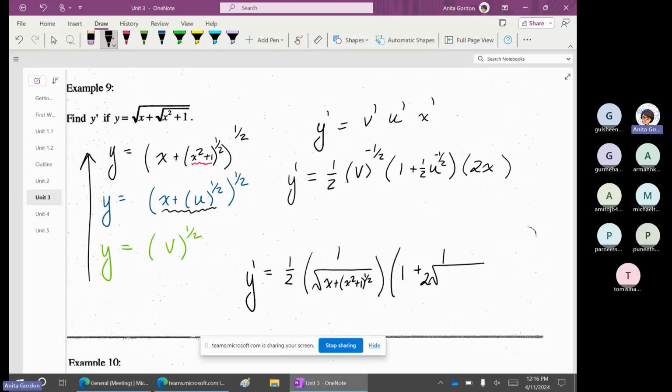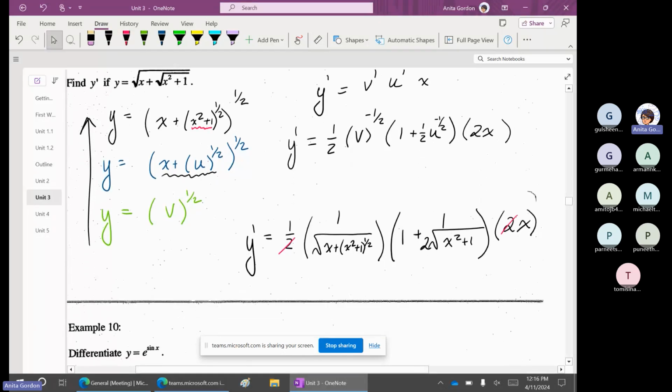What is u? x squared plus 1 times 2x. Where can I simplify? I see a 2 in the numerator, 2 in the denominator. That can go away. Unfortunately, this does not get any prettier.